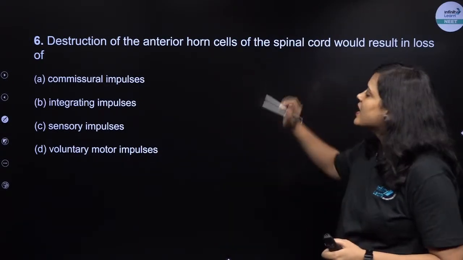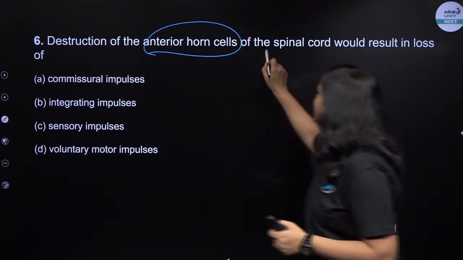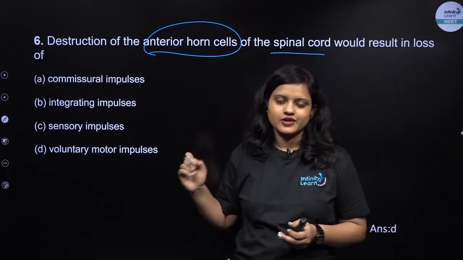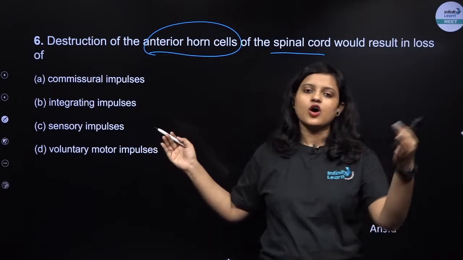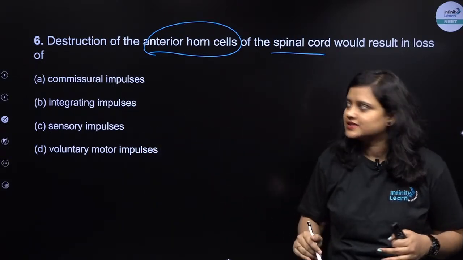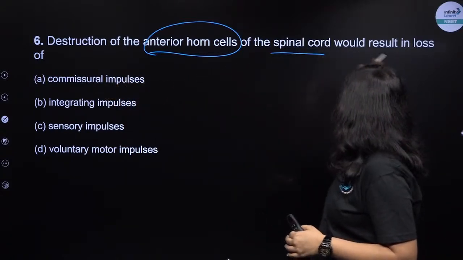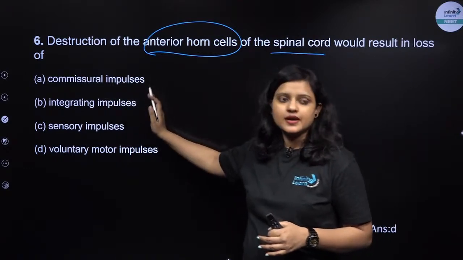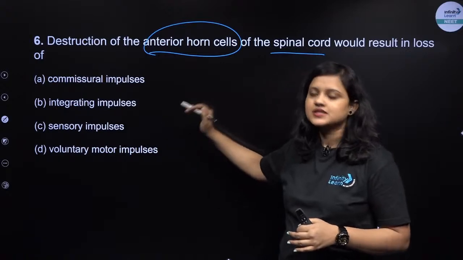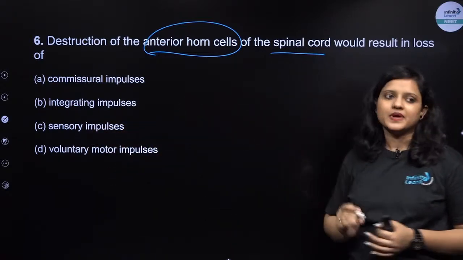Destruction of the anterior horn, a very important question, of the spinal cord would result in loss of. Spinal cord will have anterior horn and dorsal horn. If by chance anterior horn is destroyed, what will happen? There will be loss of commissural impulses, integrating impulses, sensory impulses, or voluntary motor impulses.